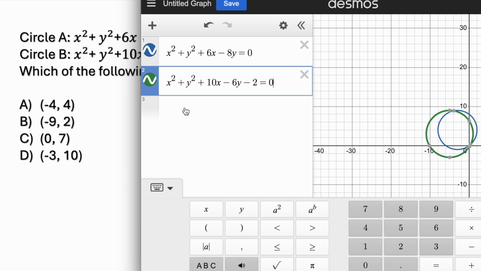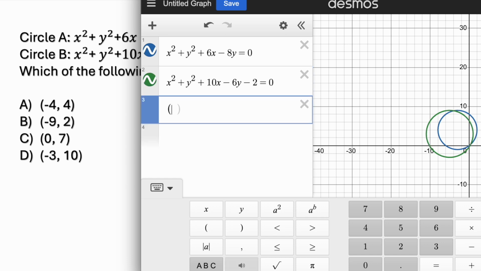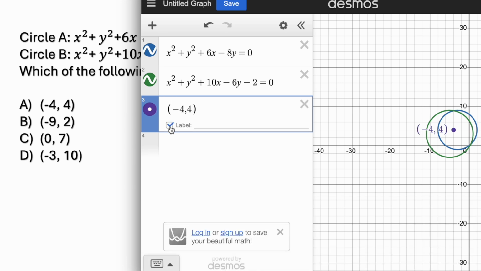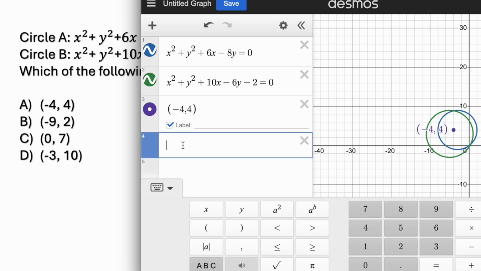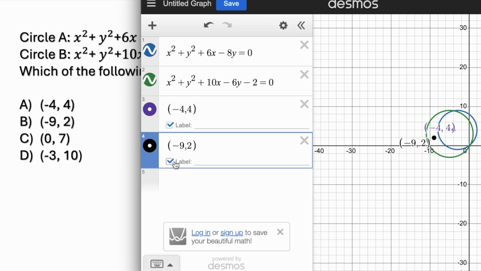Now we're going to label the coordinates, label the points right here in the answer choices. The first one is -4, 4. So we're going to write it as an ordered pair, (-4, 4), and label it so that we know which one is (-4, 4). So the second one is (-9, 2), and label that.